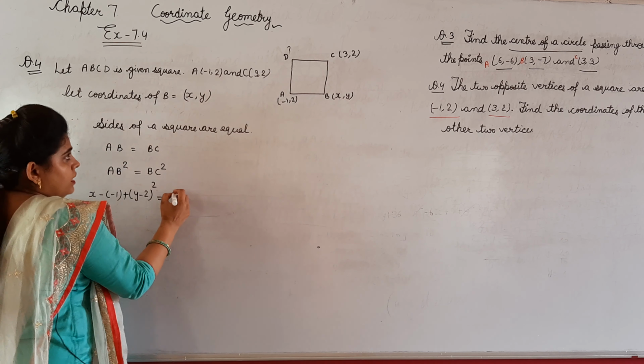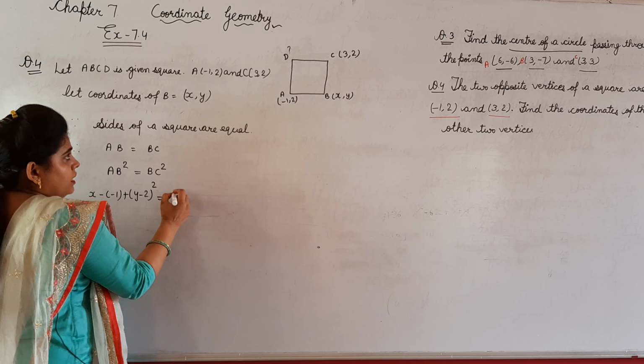BC square is (x minus 3) whole square plus (y minus 2) whole square. From here, (x plus 1) whole square plus (y minus 2) whole square is equal to (x minus 3) whole square plus (y minus 2) whole square.